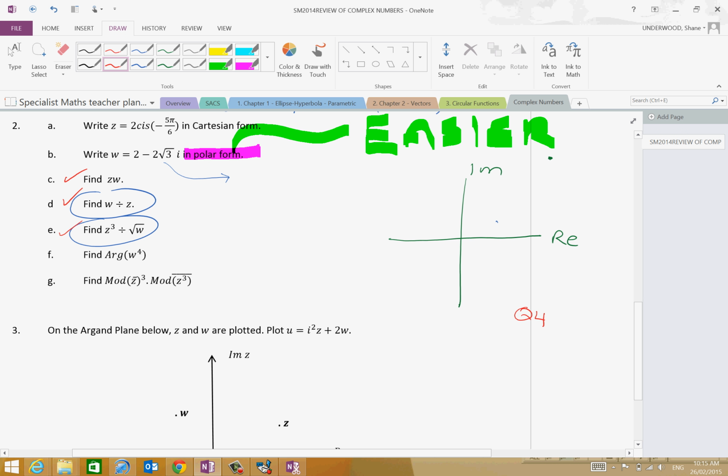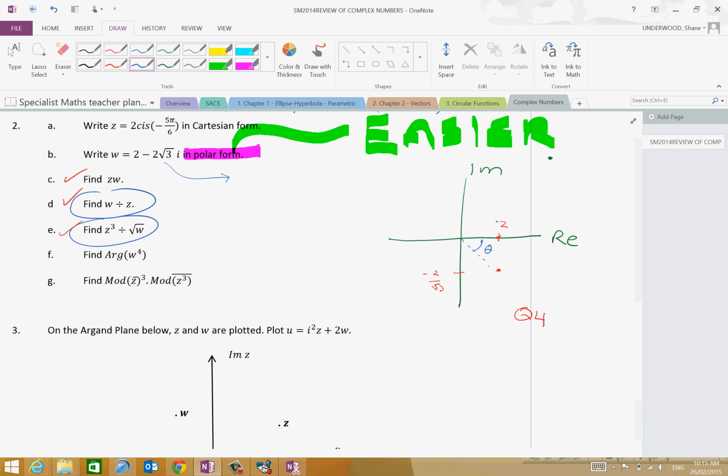Quadrant 4. If I go 2 across and 2 root 3 down, let's just do this for the time being. Okay, I have a point. I don't have a line, I have a point which is a certain angle from the pole. Now I haven't drawn to scale. We have to find out what that angle is first.